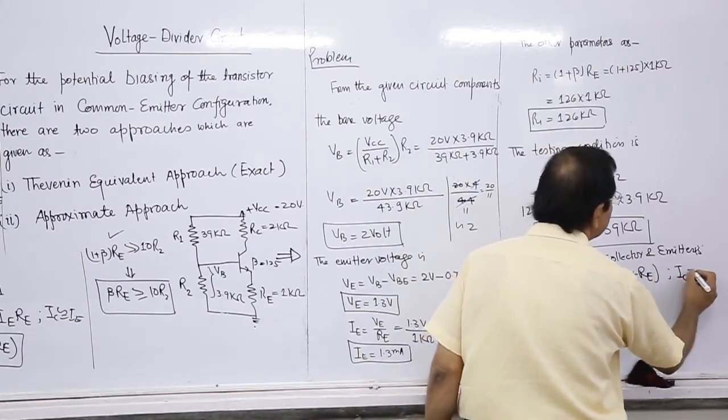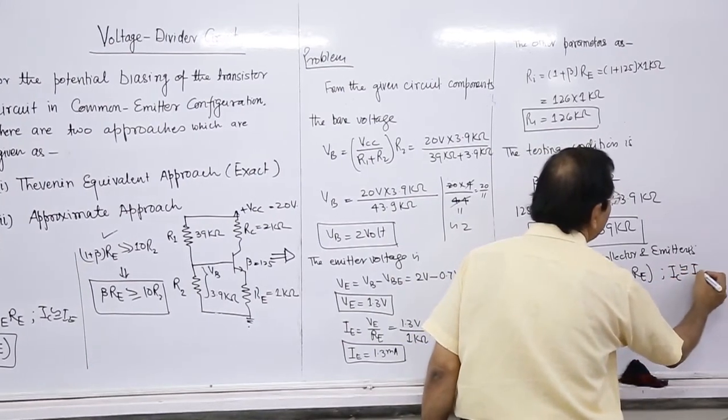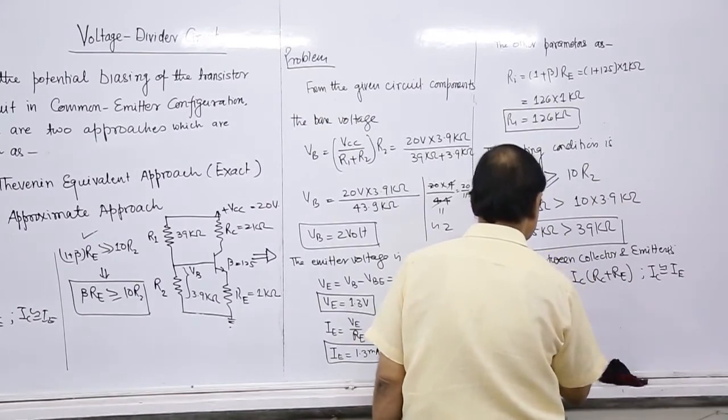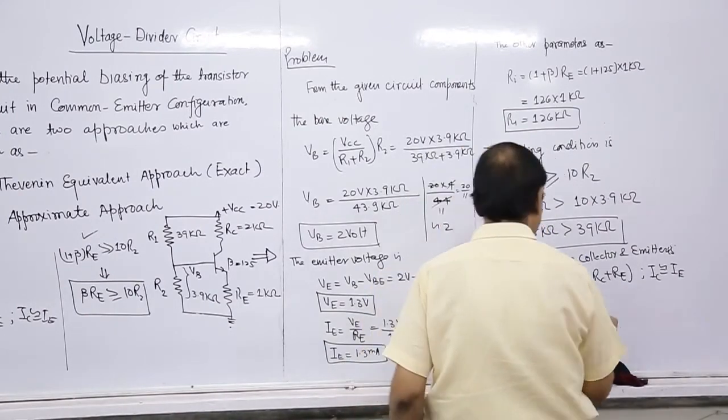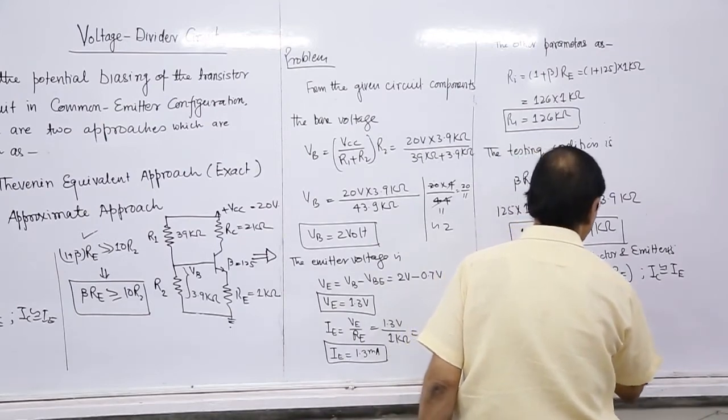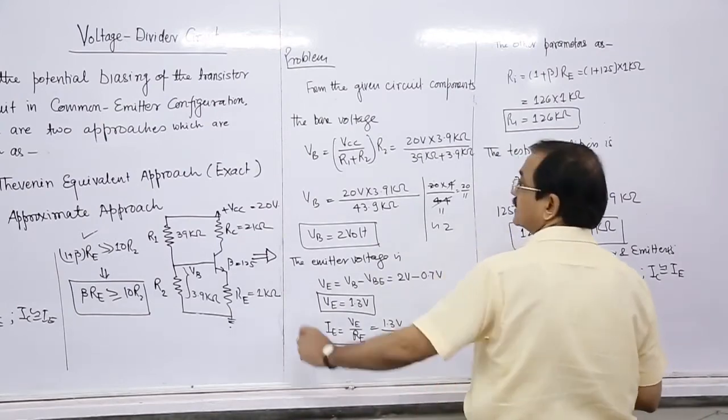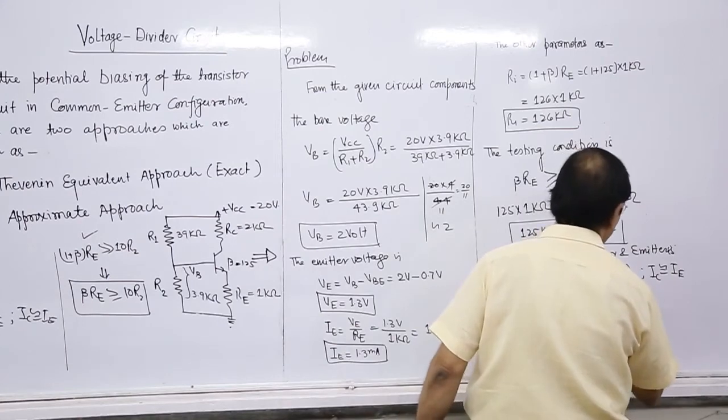This IC is equal to IE. So this is 20 volt minus IE 1.3 milliampere into RC 2 kilo plus 1 kilo ohm.